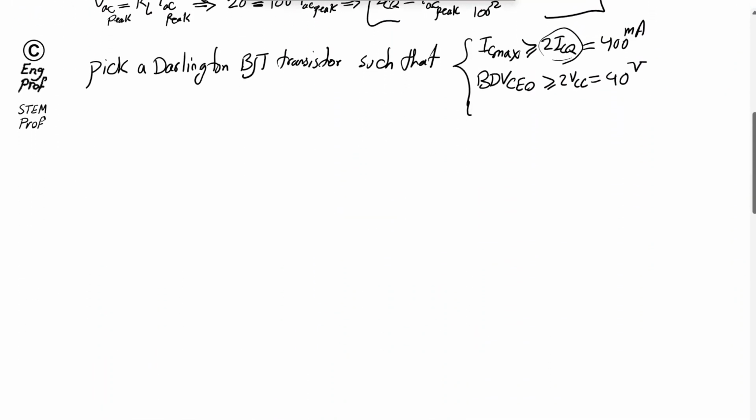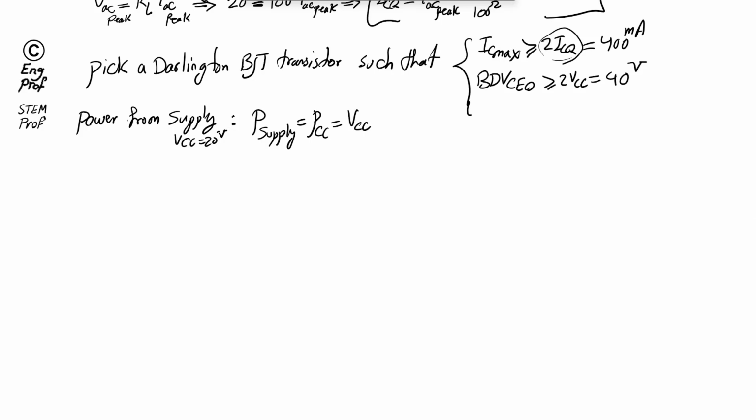So the power taken from the supply, VCC 20 volt, P of supply, or PCC here, is equal to the value of supply times the ICQ, which is equal to 20 volt times 0.2 amp, which is 4 watts. So that is the power supply.